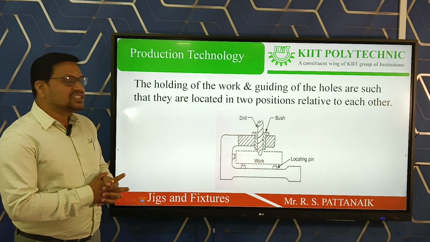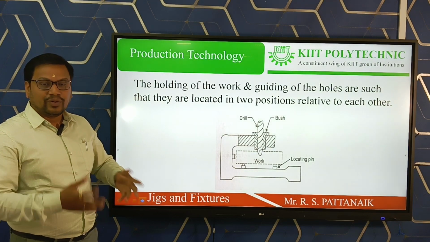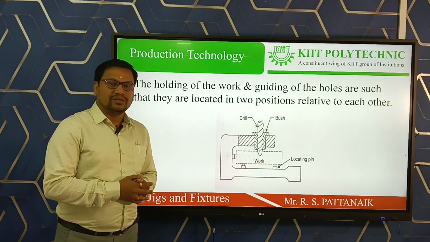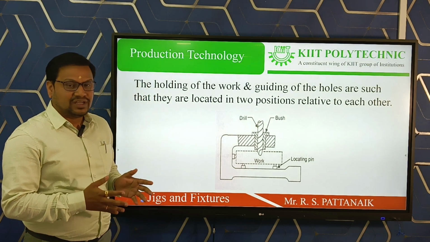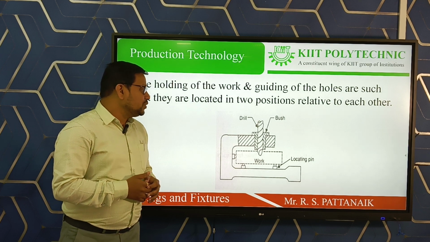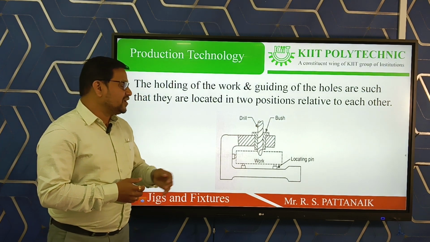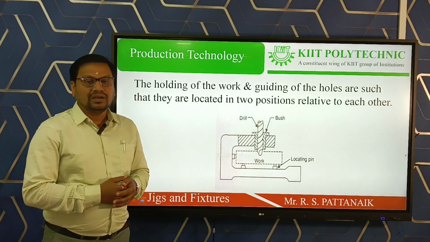Next is the guiding element. Guiding elements are basically used in the case of a jig. They are used for guiding the cutting tools, and basically bushes are used for guiding the cutting tools.